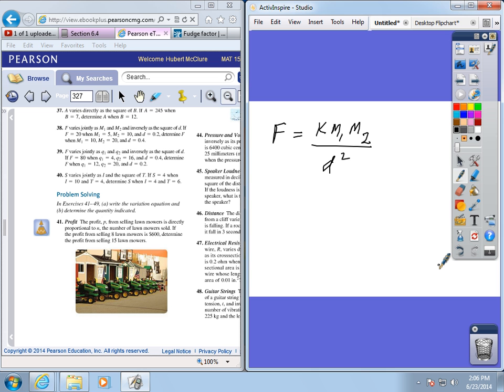All right, now that's the first part. So I'm going to mark that out. And I can't because I'm over there. So anyway, can't do the transparency and the whiteboard at the same time. So let's write down what they give us. They say that F is 20.